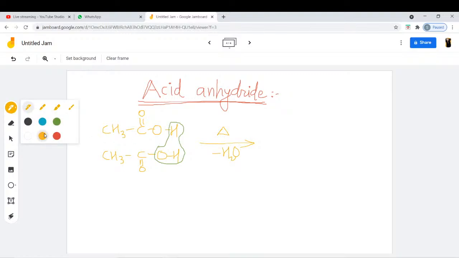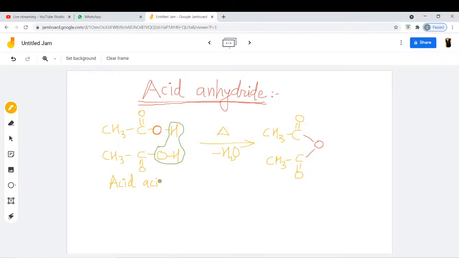So your structure will be like CH3, C double bond O, then this oxygen, which I'm highlighting in red, and which is attached to C double bond O again, then here CH3.